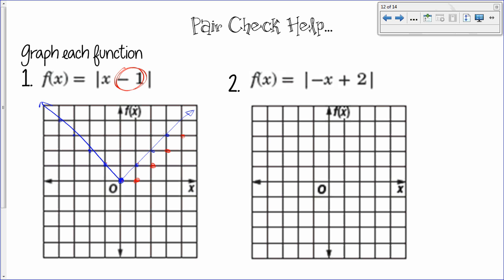This point here shifts to the right 1, and there's my new graph. See it? Any questions?